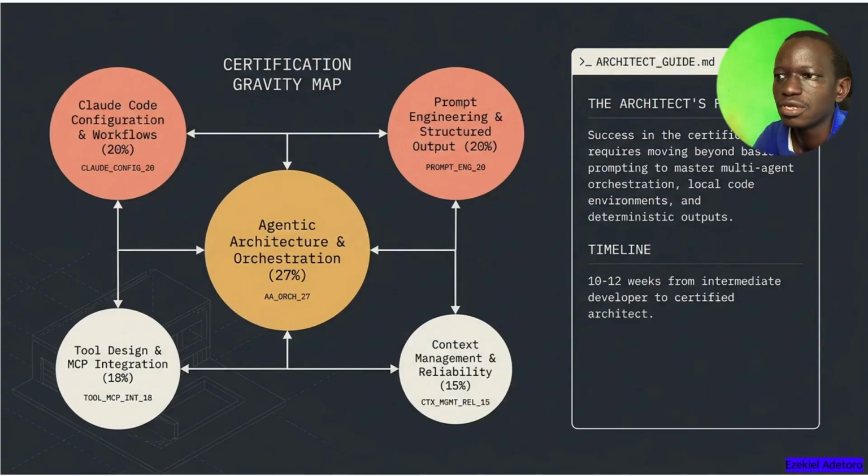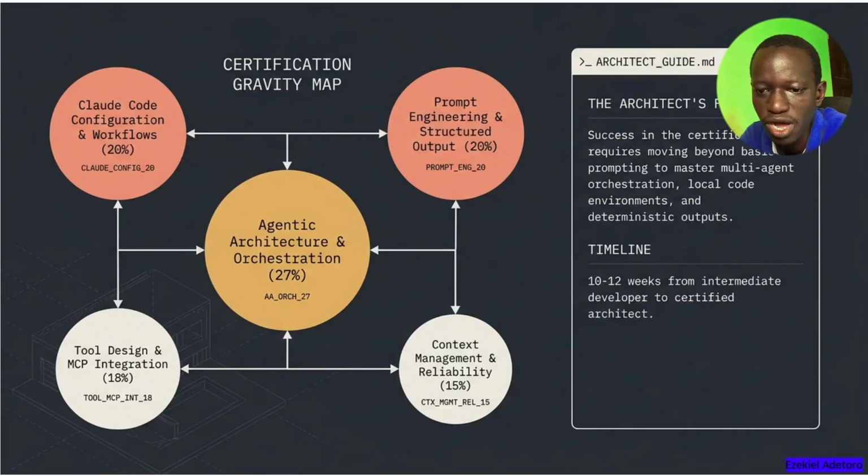What you need to know about this examination is that there's the Claude Code configuration and workflow, which makes up 20% of the examination. And then we have the prompt engineering and structure approach, which is also 20%. Then we have the agentic architecture and orchestration, which is 27% of the examination.